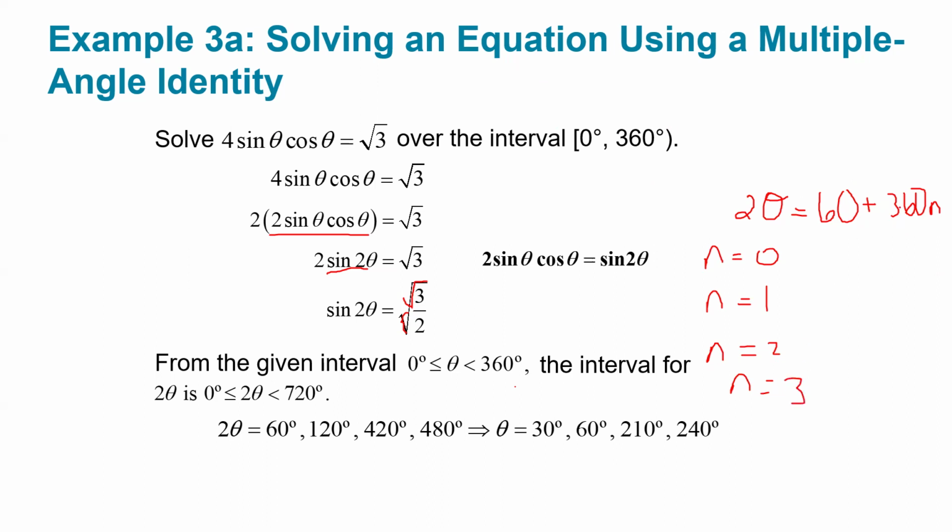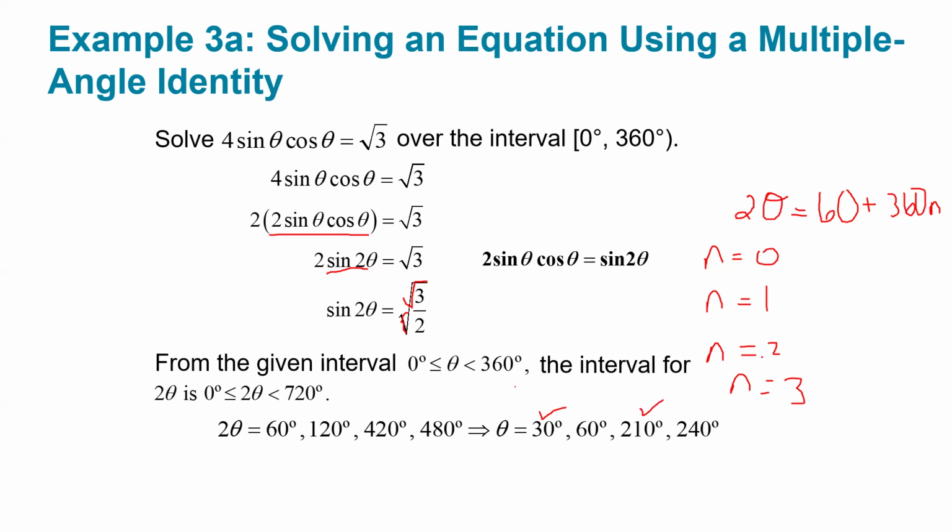So when I let n be 0, that just makes this 60. So 60 divided by 2 is 30, which is how we end up with 30. Now we're going to let n equal 1. So 360 plus 60 gives us 420, and 420 divided by 2 gives us 210.